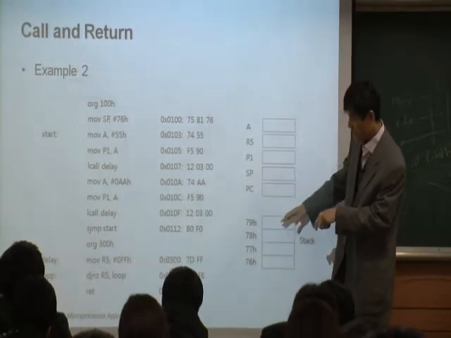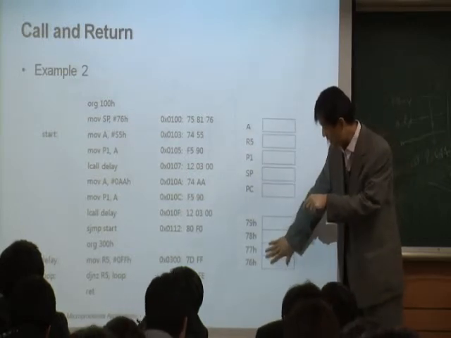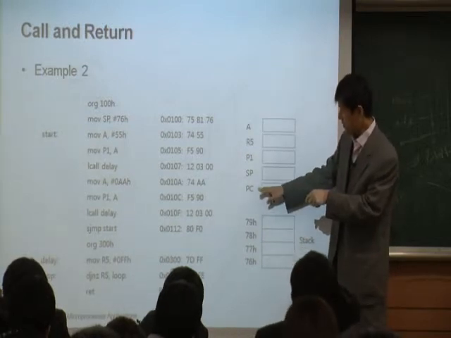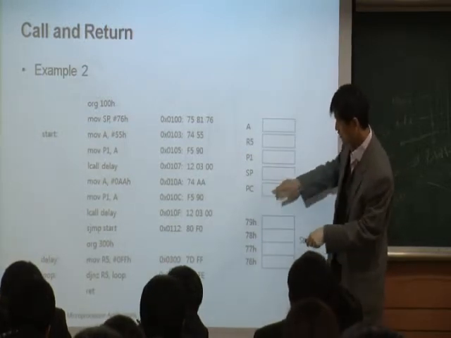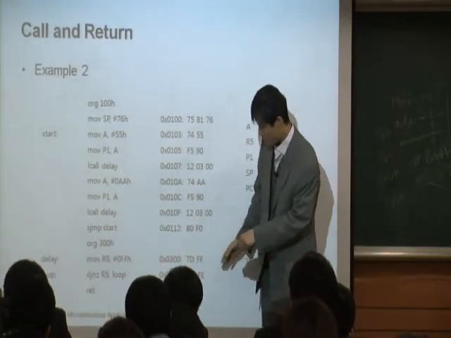And this one has the address of 300. Actually, before you jump, you copy 10A into here, and stack pointer is incremented to 78, and also write this 300 into the program counter. So therefore, you jump.